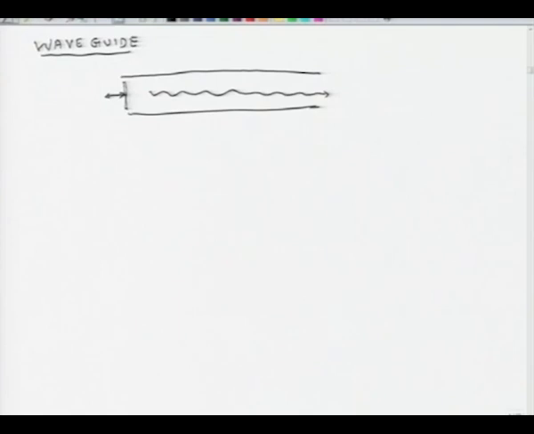Another example of a waveguide could be a fiber optic cable. So, you have a light source here, and because of the way this fiber optic cable is designed, the light travels along the length of this very long fiber optic cable. So, this is also another example of a waveguide.